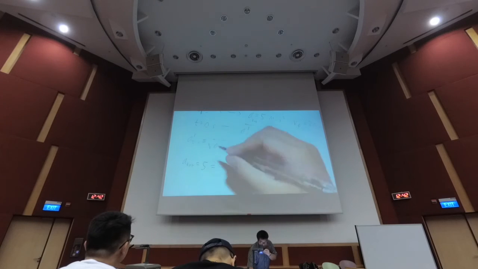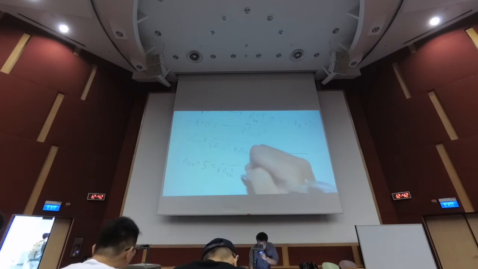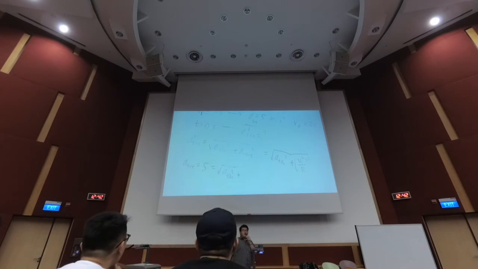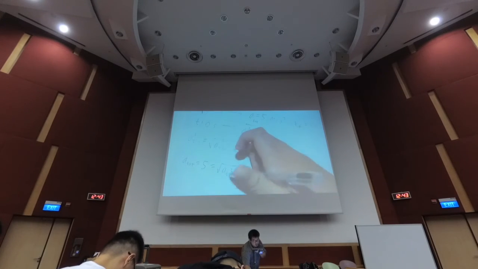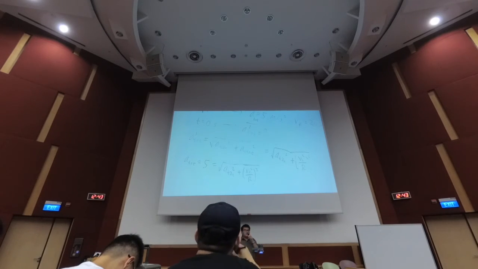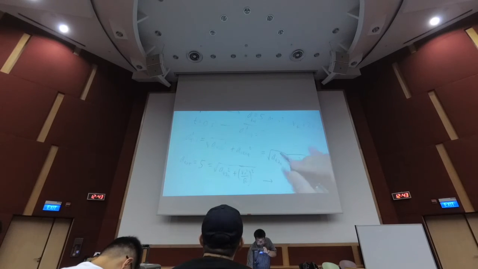So 5 equals the square root of tangential acceleration squared plus the centripetal acceleration squared at final time, which is vf squared over r, all squared. Then from here you can substitute the numbers, because vf is given, so you can find the tangential acceleration.